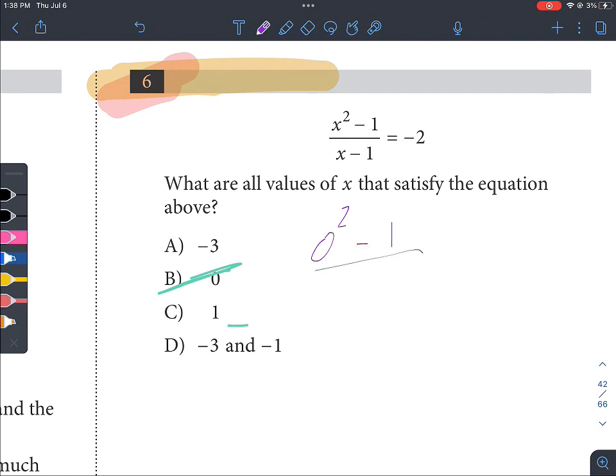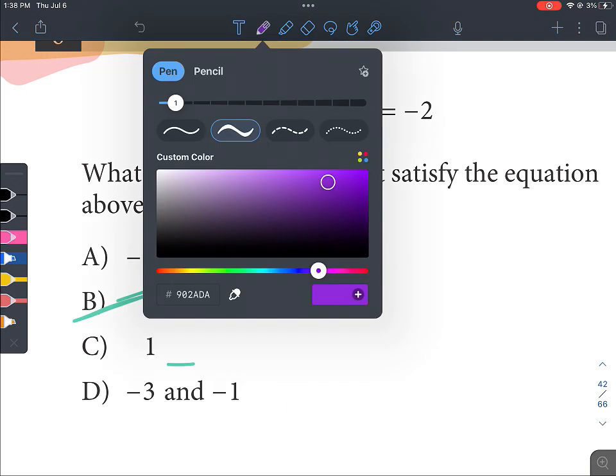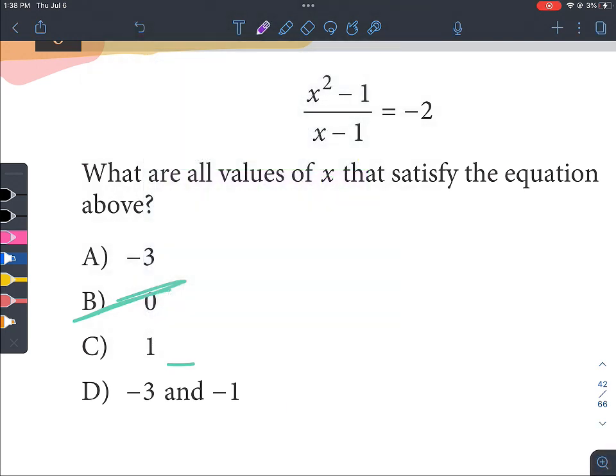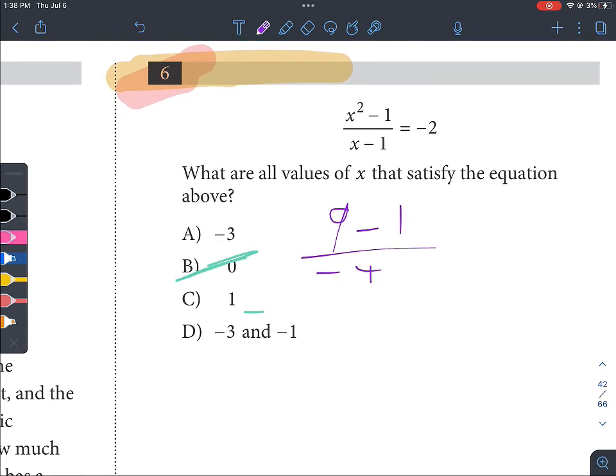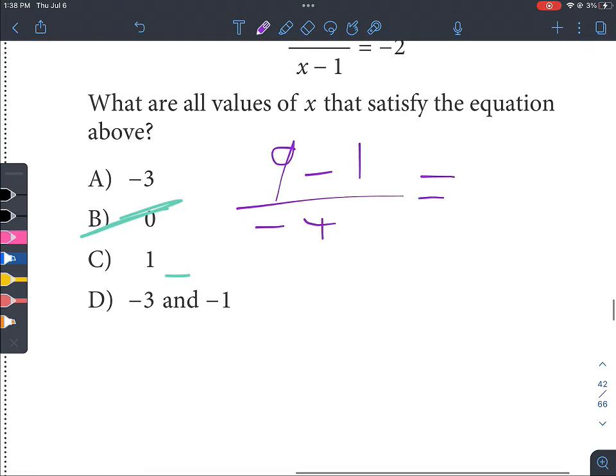That's just 1, right? So that does not satisfy the equation. We know that for sure. Negative 3, I don't think satisfies the equation as well. Minus 1, negative 4, or maybe I was wrong. Oh my goodness, if I was wrong, that would make me very happy. I was wrong. Yes, okay.